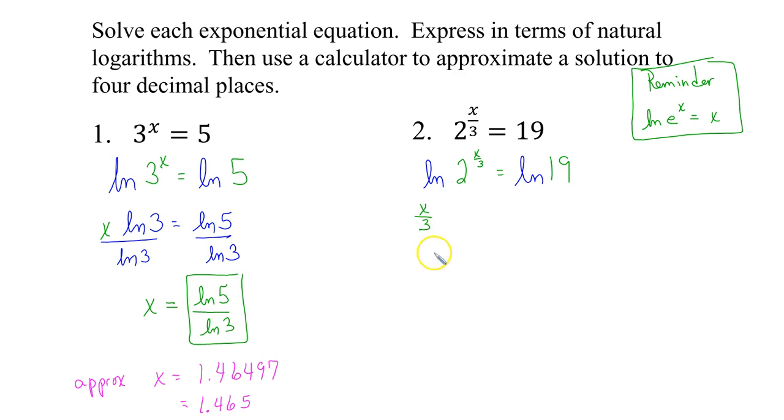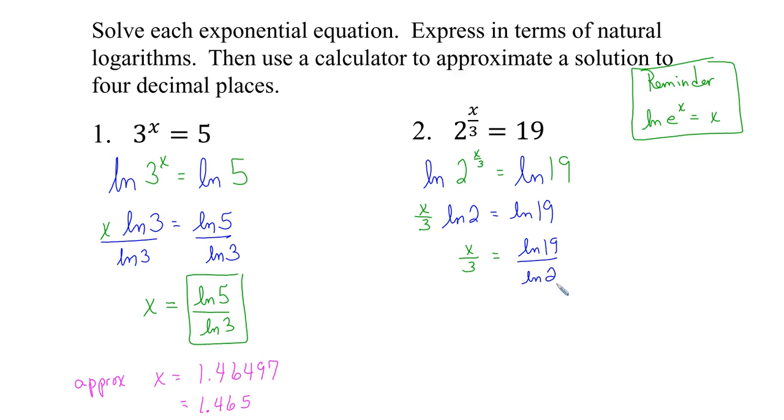So I have x divided by 3 times the natural log of 2 is equal to the natural log of 19. Dividing both sides by the natural log of 2 is going to leave me with x over 3 is equal to the natural log of 19 divided by the natural log of 2.